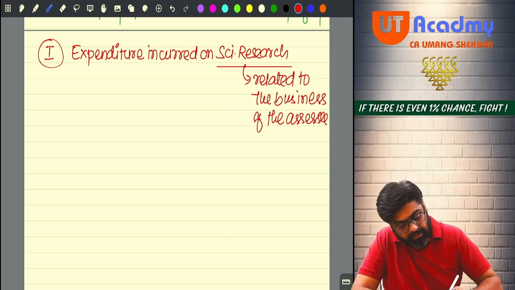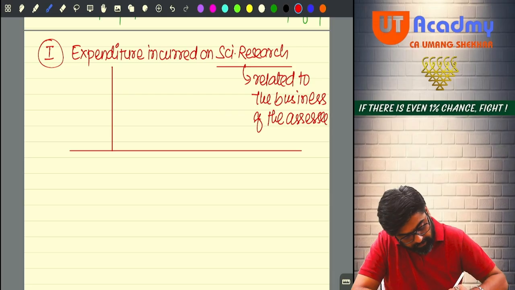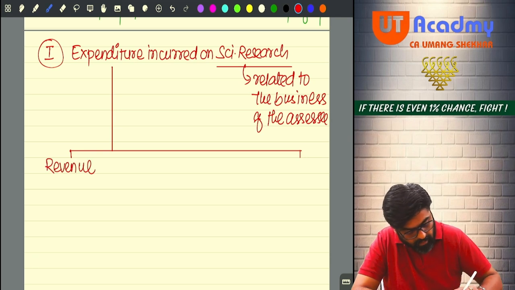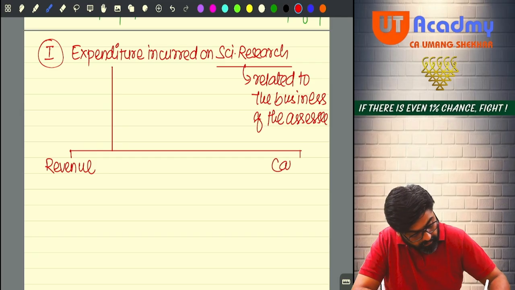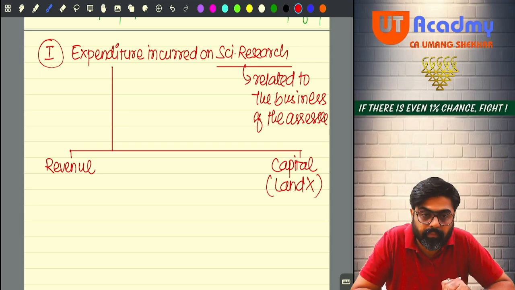In that scientific research, some expenditure is happening. Now, what type of expenditure can happen? The expenditure can be revenue expenditure, and it can be capital expenditure. But the capital expenditure other than land.